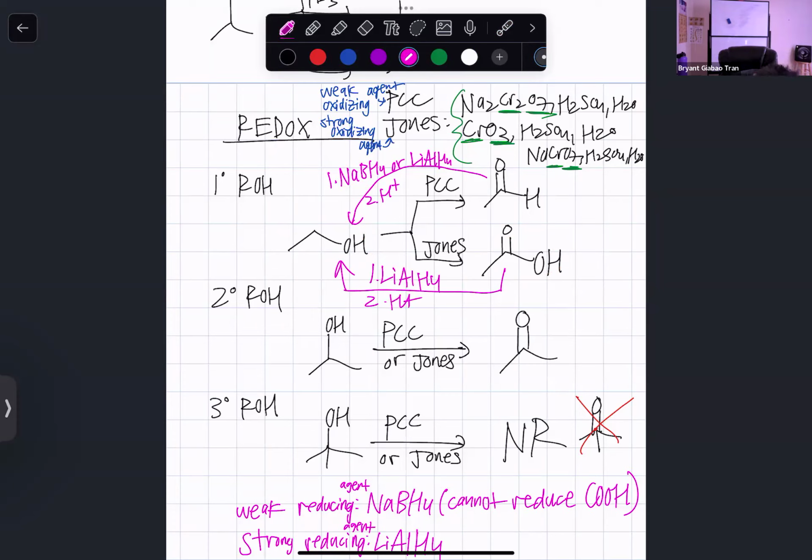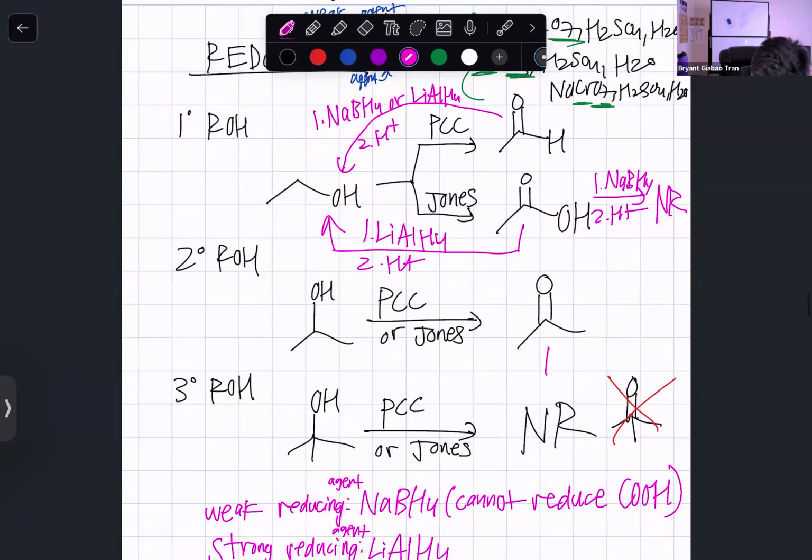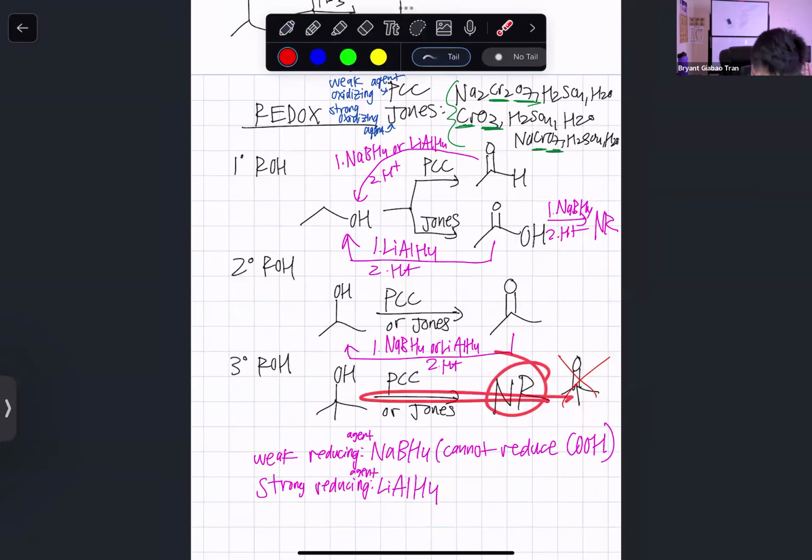If you tried using NaBH4 and acid workup, which could show up on the exam, put this as your answer: no reaction. A ketone, that's not a carboxylic acid, could be reduced by NaBH4 or LiAlH4. There's nothing more to worry about there.